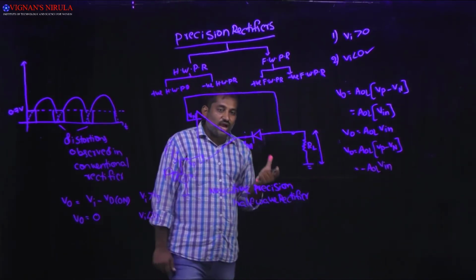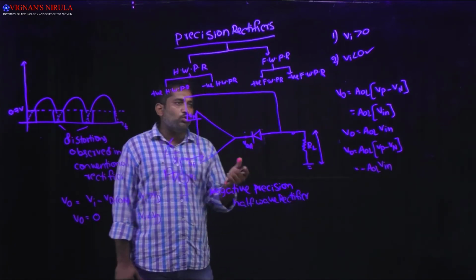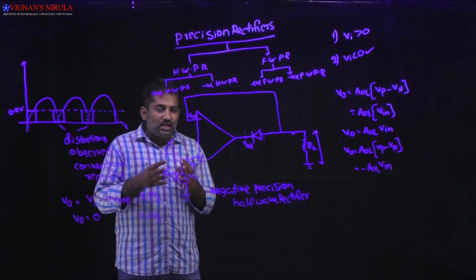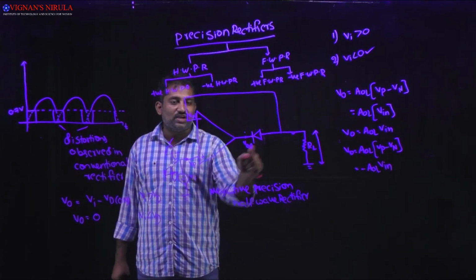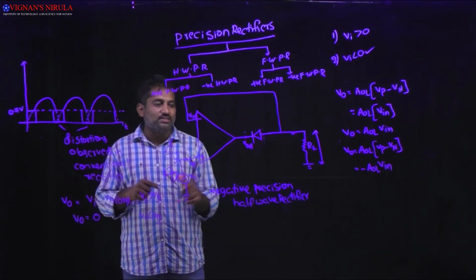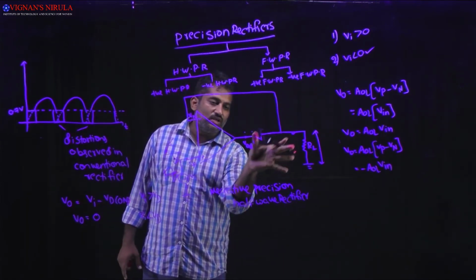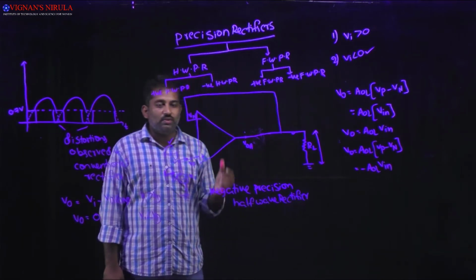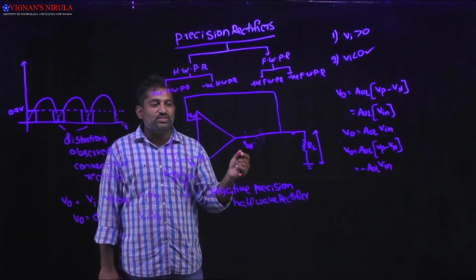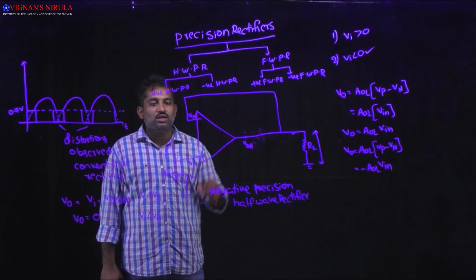Because of the high open loop gain, at the output V naught we will get a large negative value, and here the diode is connected in this fashion, so it is forward biased, and the diode acts as a closed switch. Now what happens? A feedback path is generated from the output to the input.